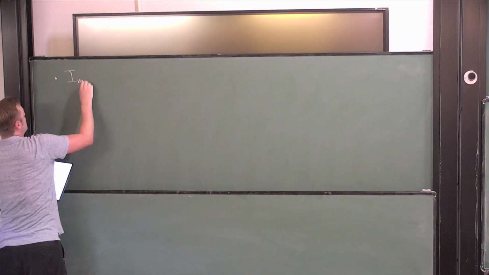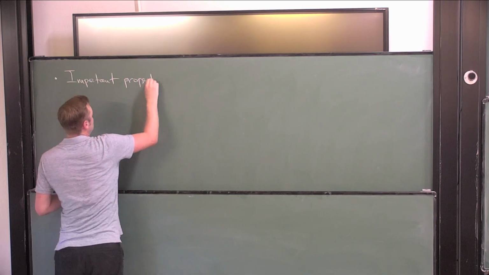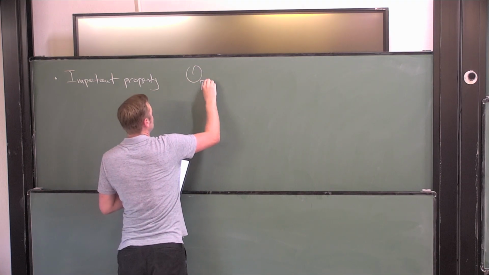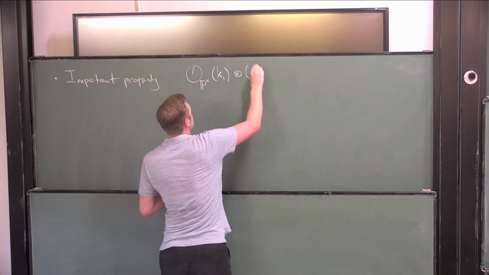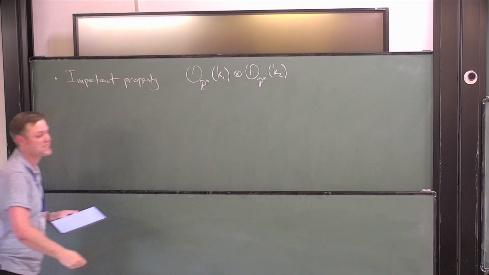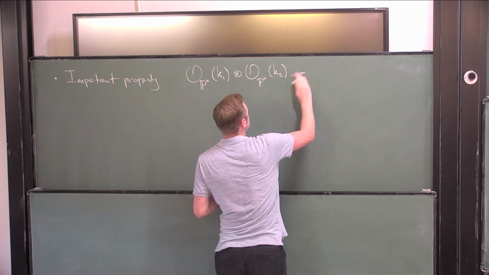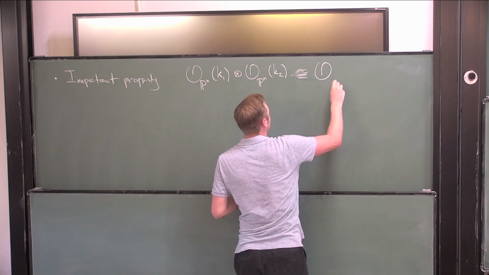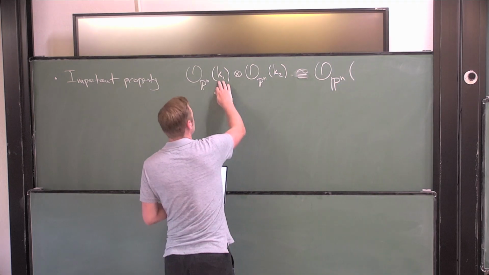So, an important property: if I take two such bundles, O of K1 and O of K2, and I tensor them, I take the tensor product of these bundles, then this is a new bundle. It's still a line bundle, and it's actually an O of K bundle itself, where K is just the sum of K1 and K2.